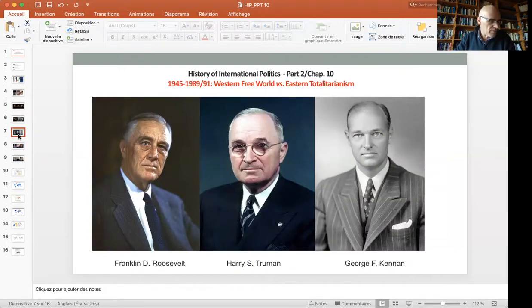"We are faced with the most terrible responsibility that a nation ever faced, to save the world from totalitarianism. We must save the world from totalitarianism." The USSR was the enemy to be confronted, as claimed in the containment doctrine or the Truman doctrine, a doctrine that was conceived of by George Kennan, a US diplomat at the American embassy in Moscow. Listen to this containment doctrine.